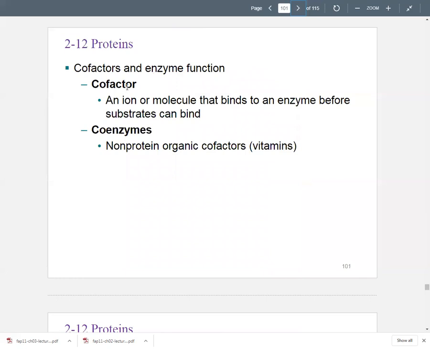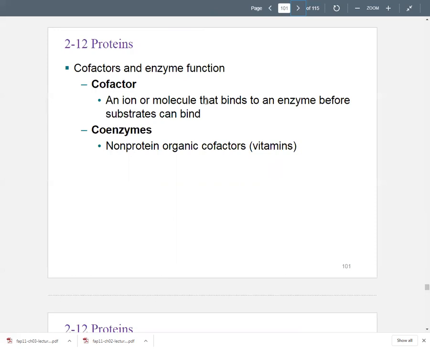All right, cofactors. So what are they and how do they relate to enzymes? Well, cofactors are an ion or molecule that binds to that enzyme before the substrates can bind. Remember we said that sometimes there's regulation? So this would be an example of that regulation. Okay, and you also have coenzymes.